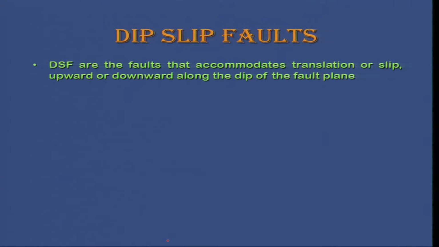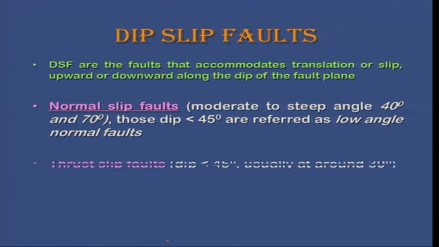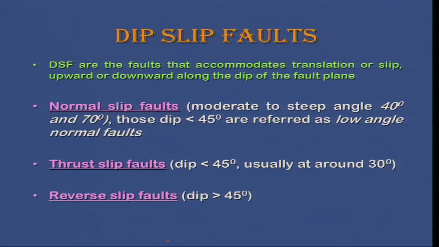Based on that we classify them as normal faults, or thrust faults or reverse faults. Depending on the angle of the fault plane, we classify the normal fault as either a steep angle fault or a low angle normal fault.